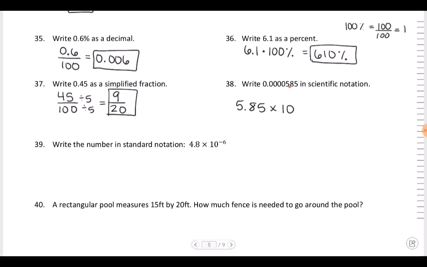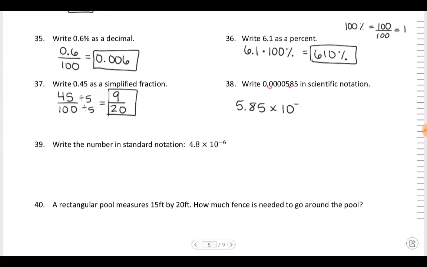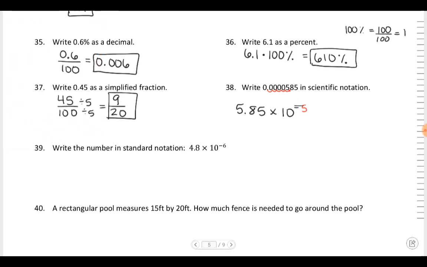Since this original number is smaller than 5.85, that means my exponent's going to be negative. And I need to know how many places I have to move that to get it where I want it, right? So I'm going to move my decimal, let's see, 1, 2, 3, 4, 5 places. That's going to be my exponent. Now it's negative again because my original number was smaller than 5.85. So that would be that.